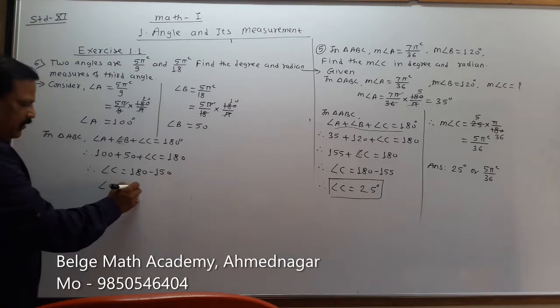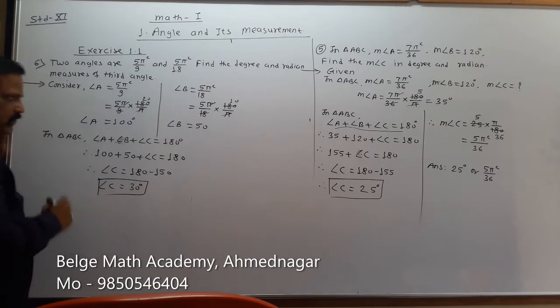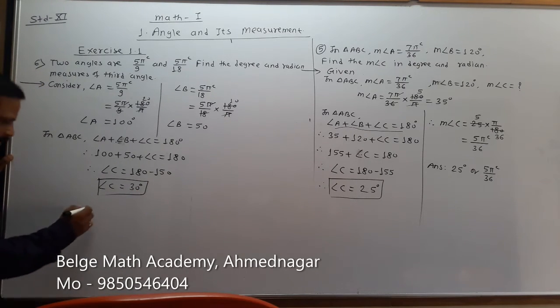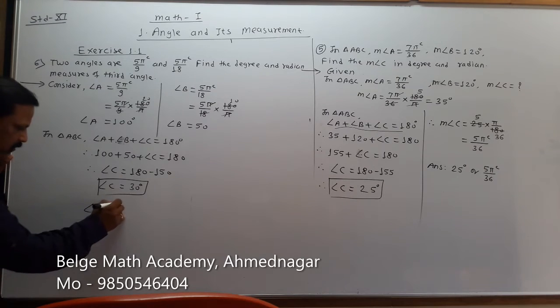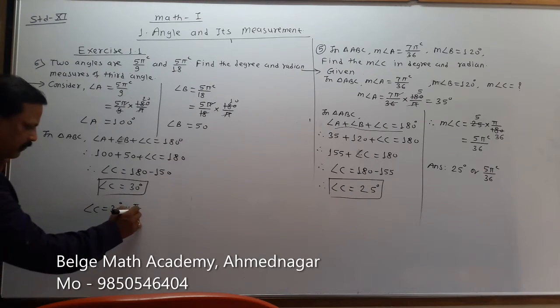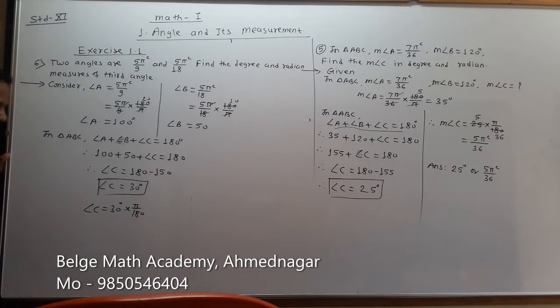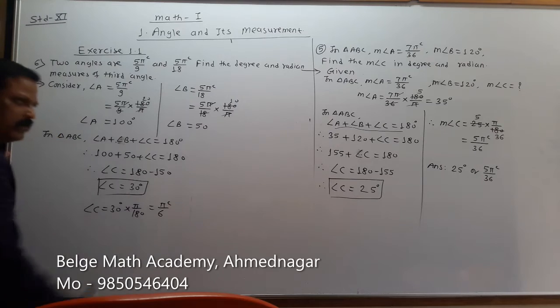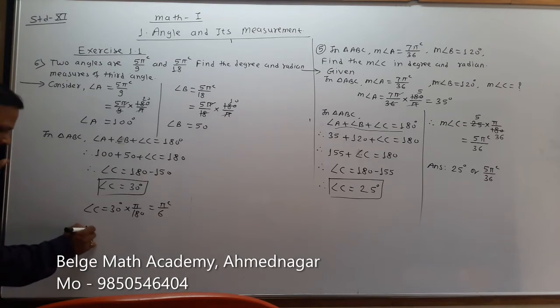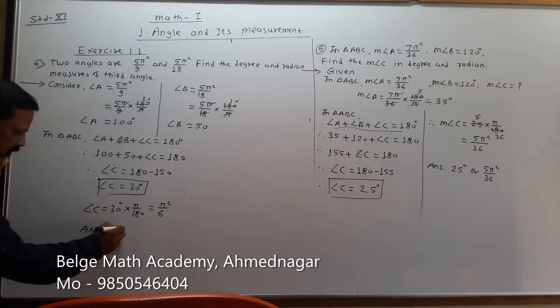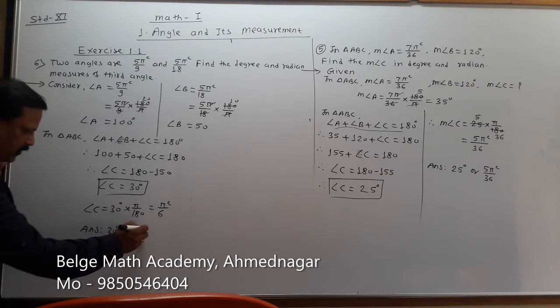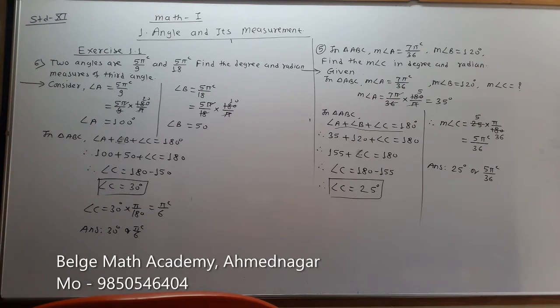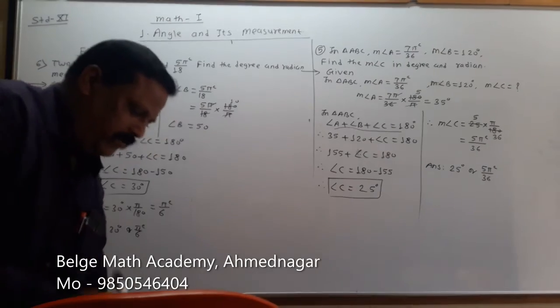Angle C is 30. And this 30 degrees is converted into radians by multiplying by pi upon 180, so easily we get pi by 6 radian. So finally your answer is 30 degrees or pi by 6 radian. Okay, so that is the simple example solved in exercise 1.1.